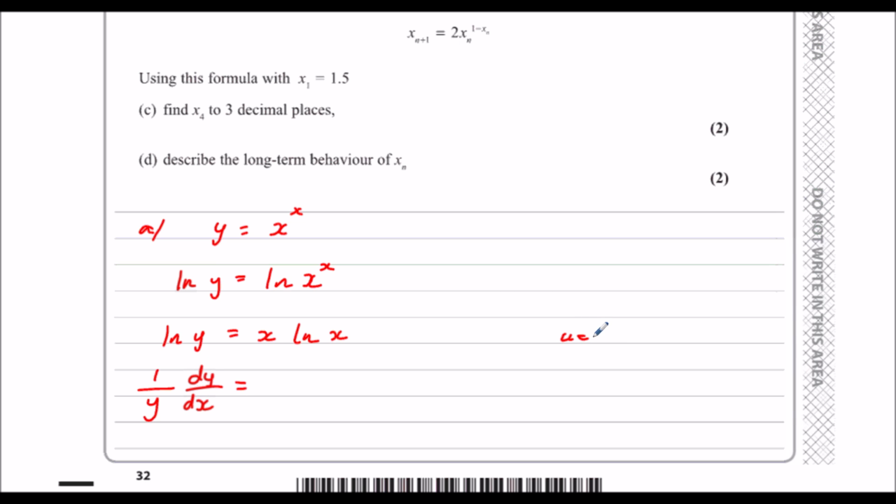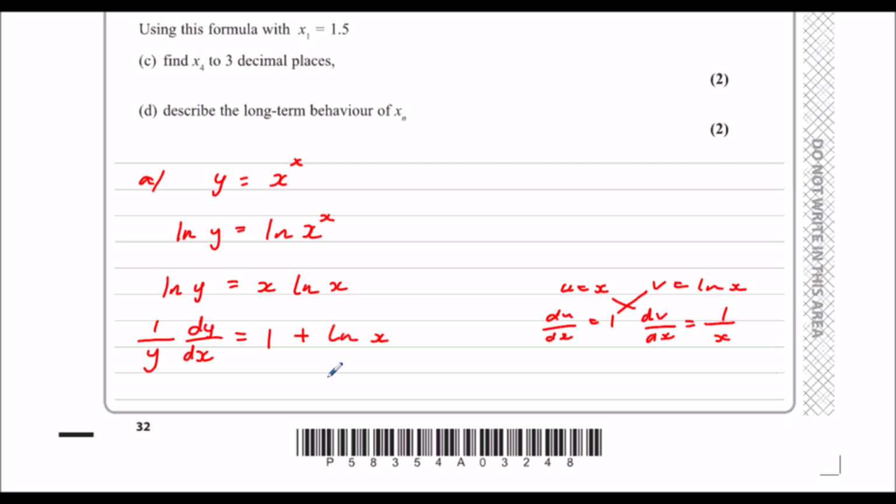So we can say u is x, v is ln x, so du/dx is 1, dv/dx is 1 over x. We're going to times these together and put a plus in the middle. So x times 1 over x is 1, and we've got 1 times ln x, which is ln x.